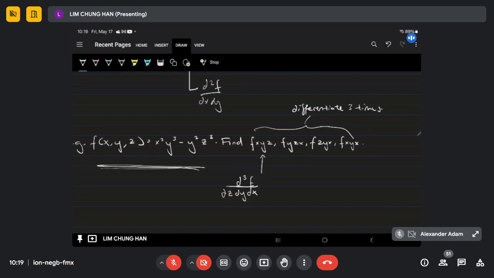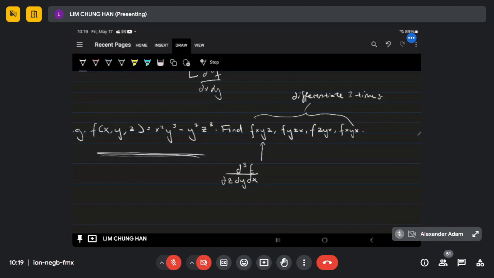Okay, differentiate 3 times. So the first one I've written down for you. The second one is this, x dz dy. Pay attention to this: x, y, z, and then at the bottom is z, y, x. It's always reverse.